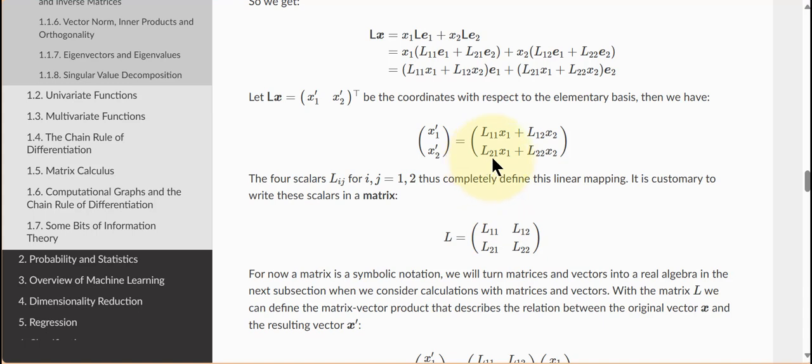So that's why they use those particular symbols. So anyway, we can put them into this matrix, and we'll call this matrix L. Now, it's not a coincidence that we're calling it L when the linear operator was called L.